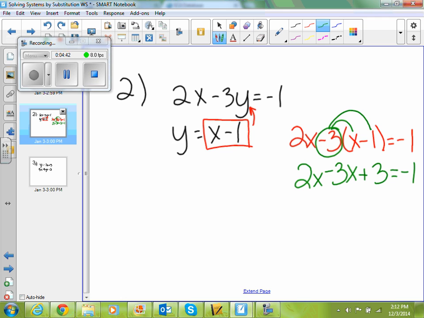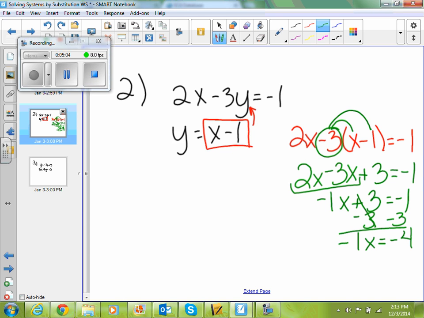If I combine my like terms, 2x minus 3x gives me negative 1x plus 3 equals negative 1. What's my next step? Minus 3. So negative 1x equals negative 4.